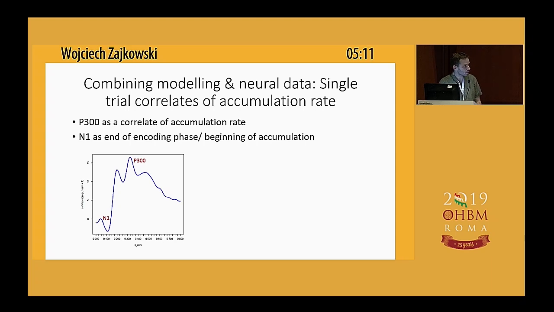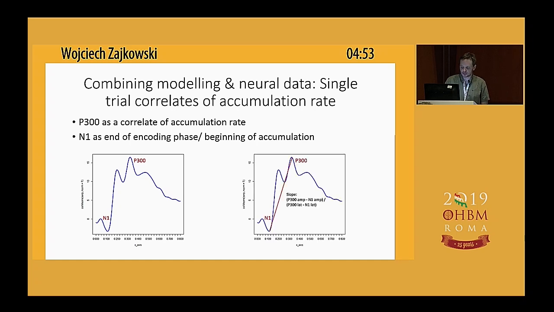So we set a few different possible hypotheses, for example that the latency of P300 might be important, or the amplitude of P300 might be important, or which was our best bet, or the most interesting hypothesis at least, that the slope between the two might be related to the accumulation rate.